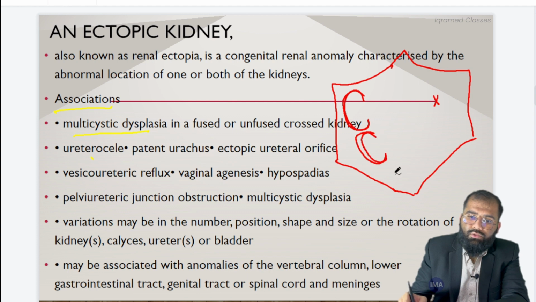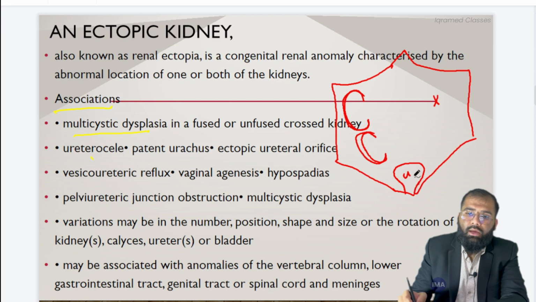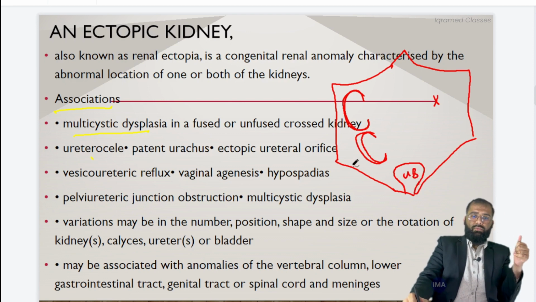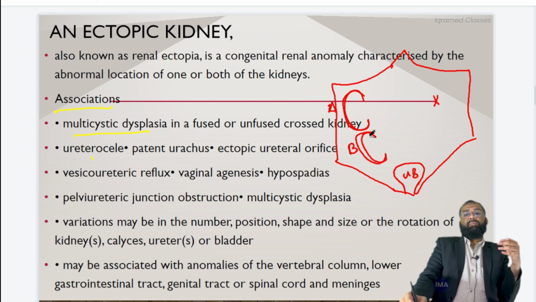This is the urinary bladder. Out of these two kidneys, one is above, which is kidney A, and one is below, which is kidney B. Which of these will you call the right side kidney?